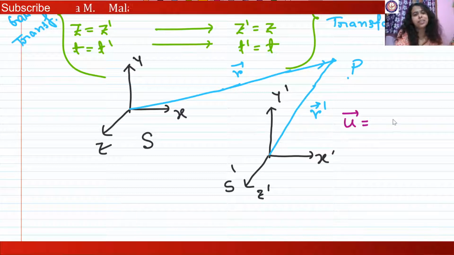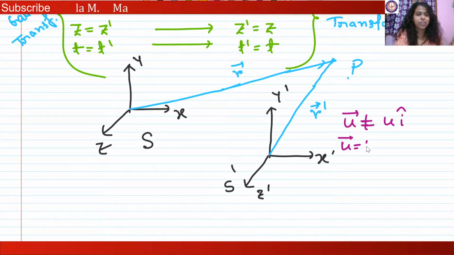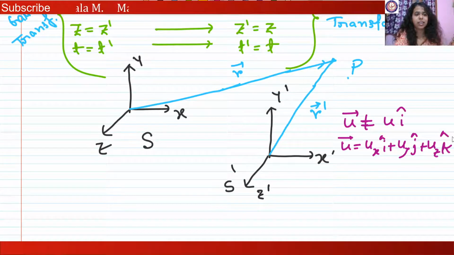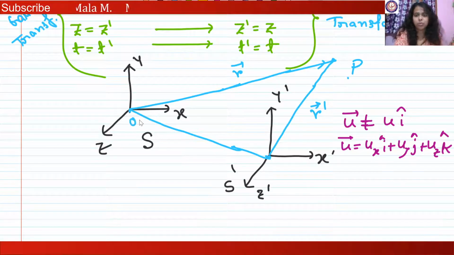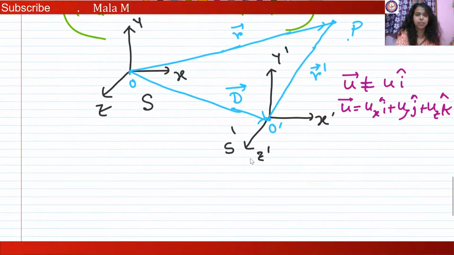So u is not ui, but what is u? So u is uxi plus uyj plus uzk. And this is our displacement vector d.